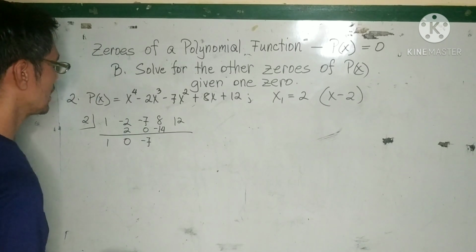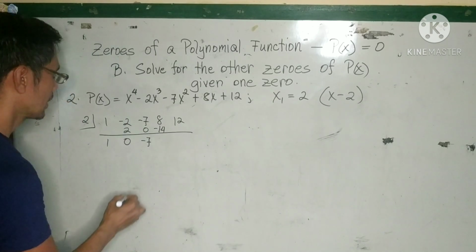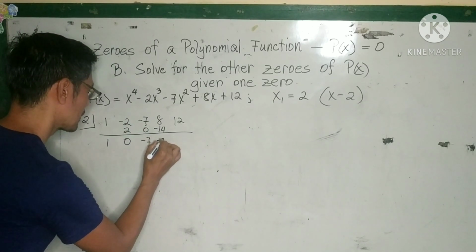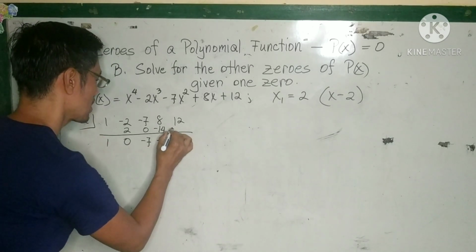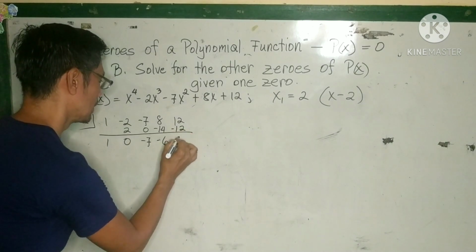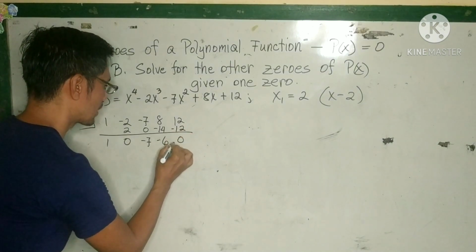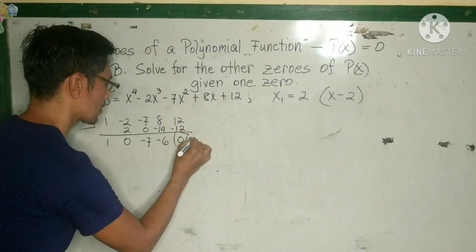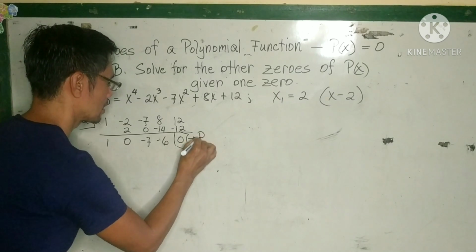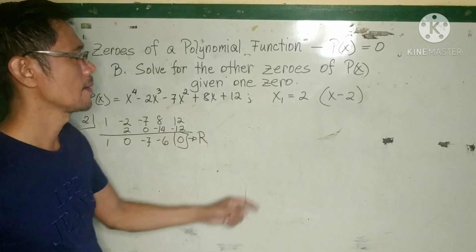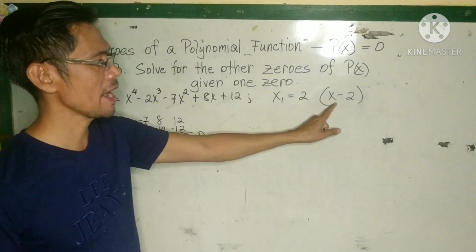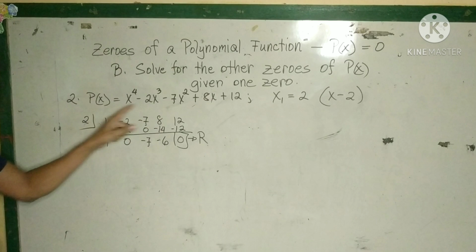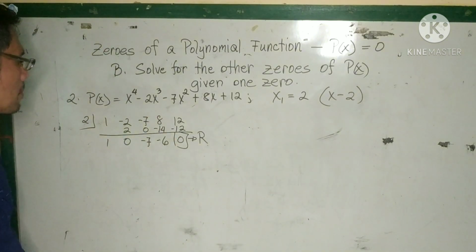Then 8 minus 14, that is negative 6. And negative 6 times 2 is negative 12. 12 minus 12, that is 0. So the remainder is 0. Of course, because 1 root is 2. Therefore, x minus 2 is one of the linear factors of the given p of x.